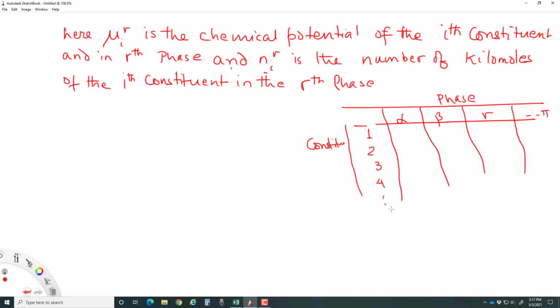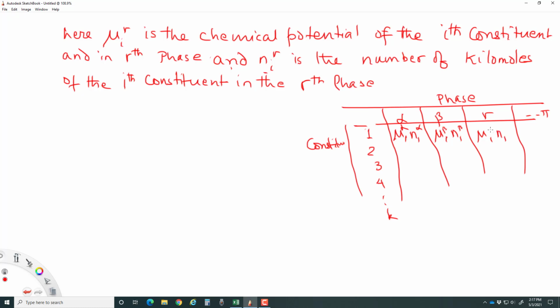So for the ith constituent and alpha phase, we'll have mu1 n1 alpha. For this one, mu1 n1 beta. This one mu1 n1 gamma.